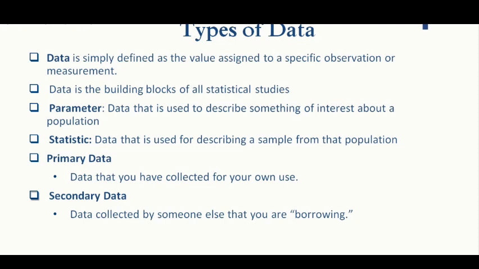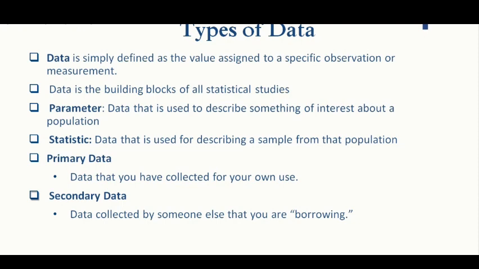Then there is a statistic: data used for describing a sample from that population. One key rule of thumb is that parameters are always meant for populations and statistics are always meant for samples. Here you will observe that it is written as statistic and not statistics.